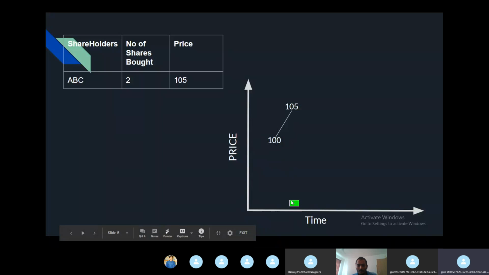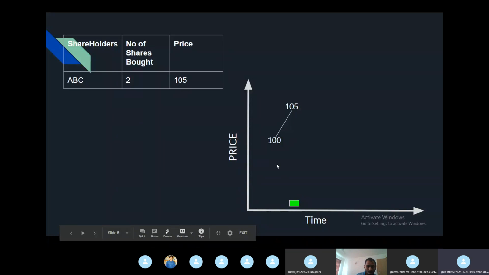Now what is this bar? This bar shows that two shares were transacted when the price moved from 100 to 105. What do we call this? We call this volume. The number of shares traded in a particular movement of the price of a stock is called volume. Now why is that green?